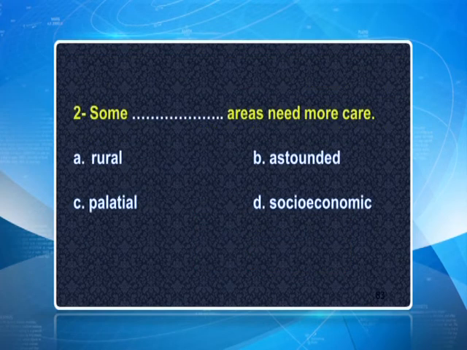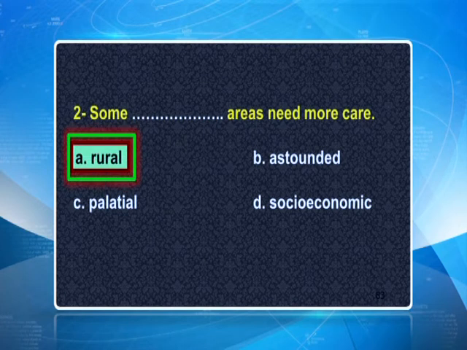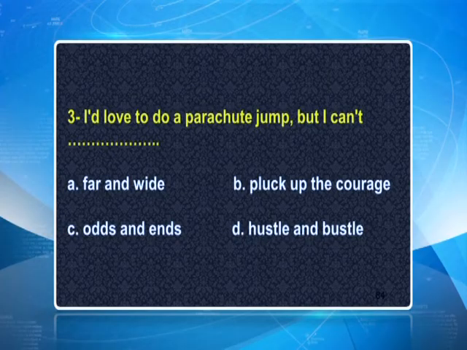Now let's move to sentence number 2. Some areas need more care. Which kind of areas? Of course, they are rural areas. They need more care in order to keep people there and not leave to the cities. Sentence number 3. I'd love to do a parachute jump, but I can't.